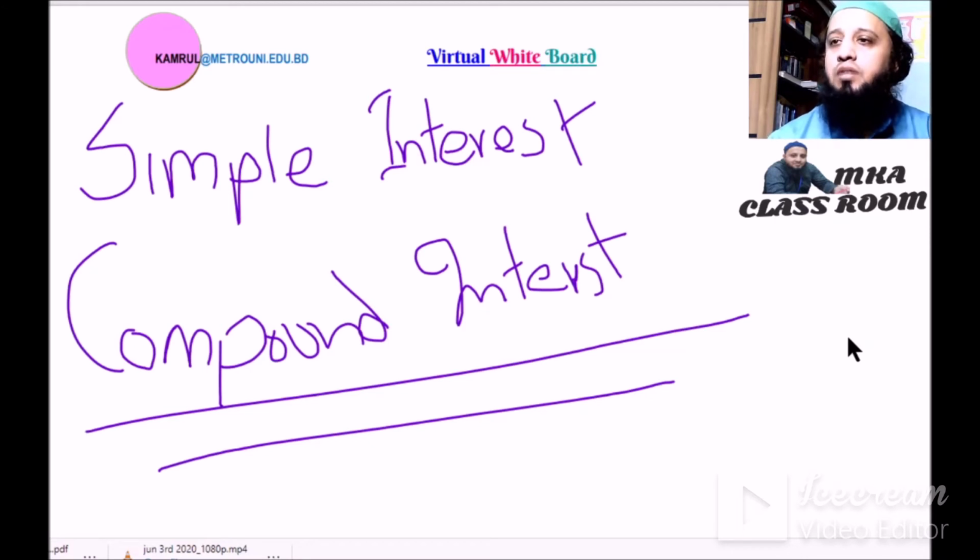In previous lessons we have learned that the future value mechanism uses a compounding process, and the compounding process uses an interest rate which is called the compound interest rate. Here we will today discuss compound interest.